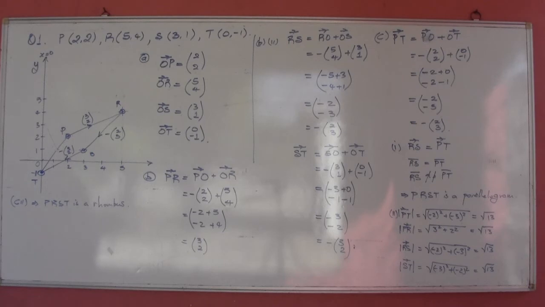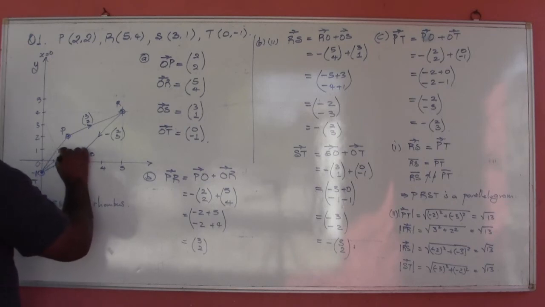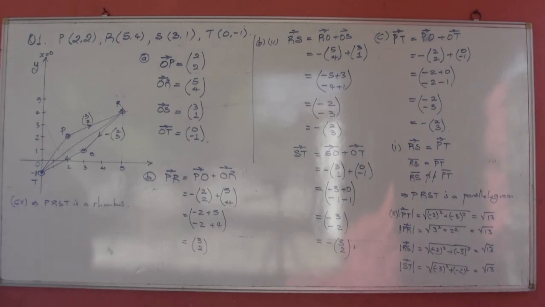D says, N is a point on line segment TR. Somewhere on line segment TR is the point N, such that the ratio of TN to NR is 1 to 4.